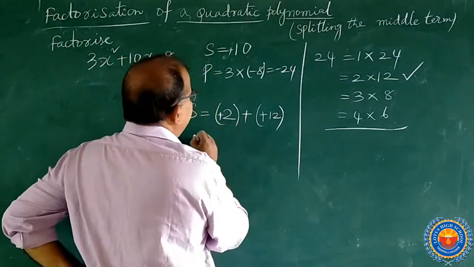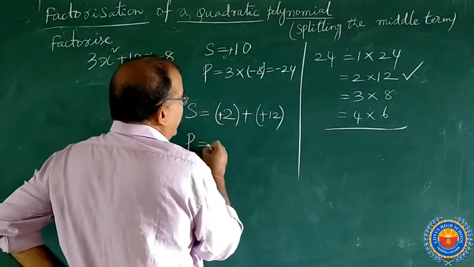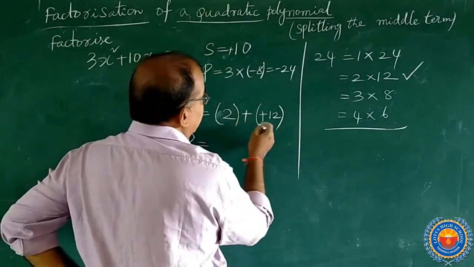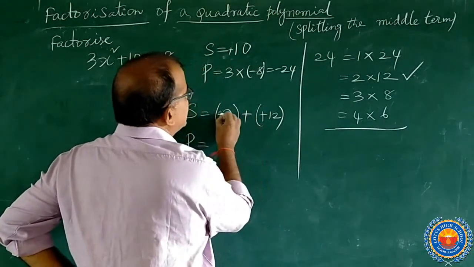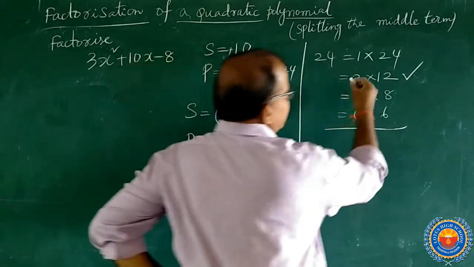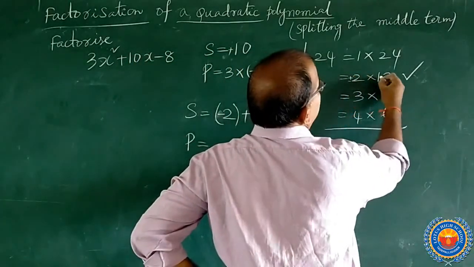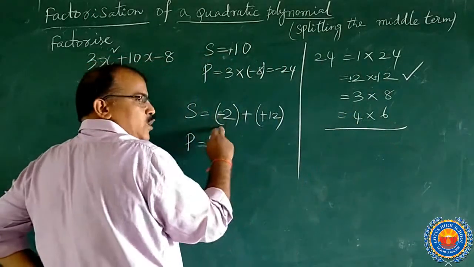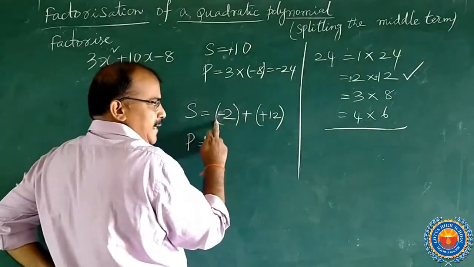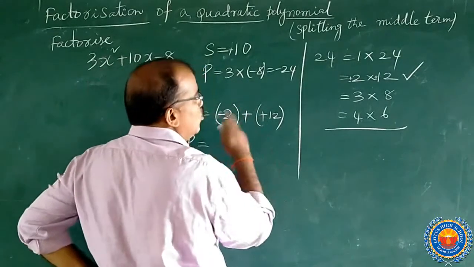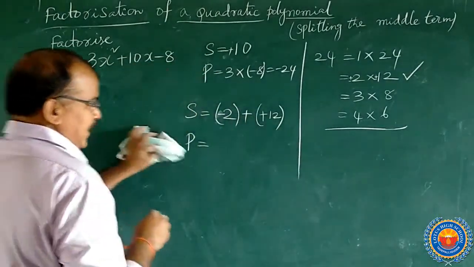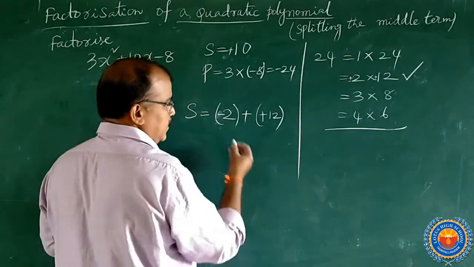That's why product, later I check. Instead, better I can take minus 2 plus 12. Why? Because I can take plus or minus, one negative, one positive, no problem. Minus 2 plus 12 is nothing but 10.